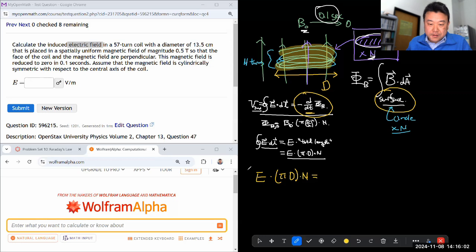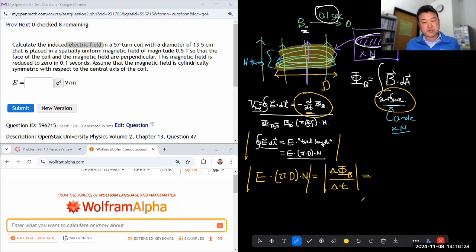One, I'm just going to deal with the absolute values, so I won't worry about the minus sign. I don't think it's asking for the directions anyway. And instead of writing the time derivative, I'll say change of the magnetic flux over the duration of time, because then this fits neatly into the information I'm given.